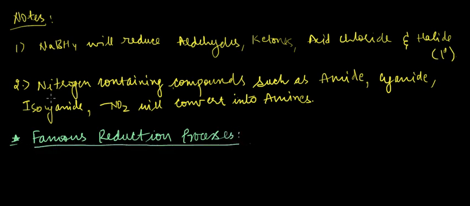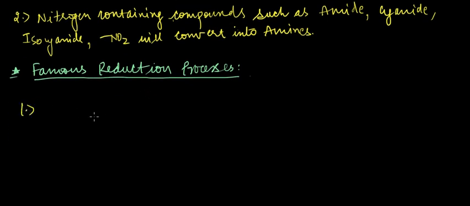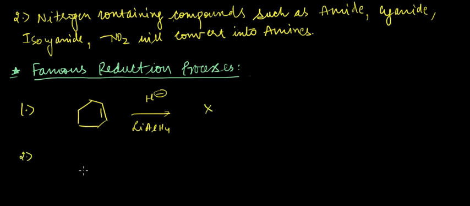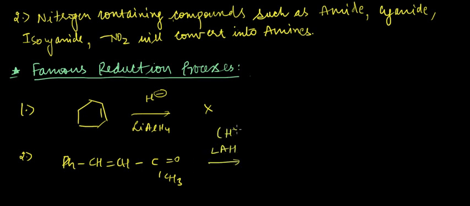So we have first cyclohexene ring. Okay, and if we try to reduce it by providing some H minus with either LiAlH4 or some other reducing agent, it would have no reaction. Okay, second is if we have something like a double bond here and a ketone group here, and again we reduce it with LAH, or in other words, I provide H minus to the substrate.